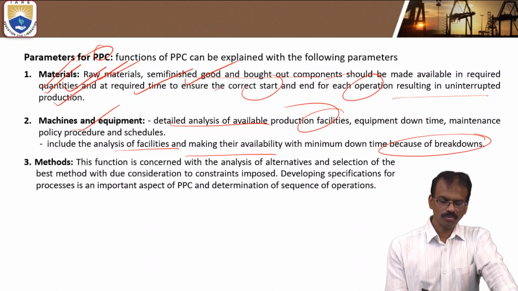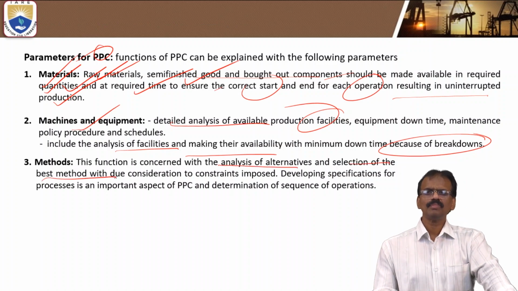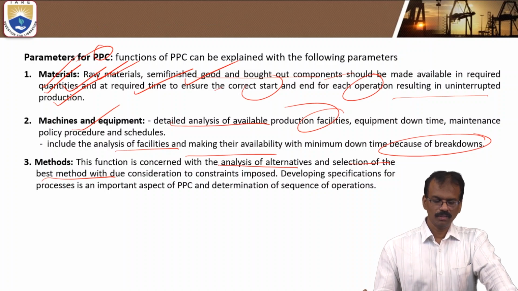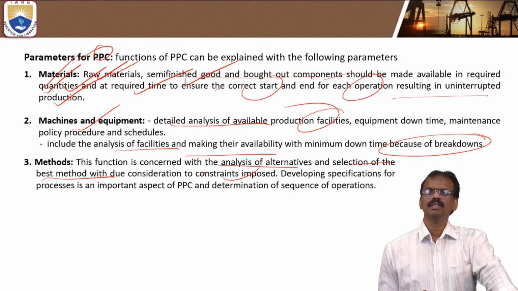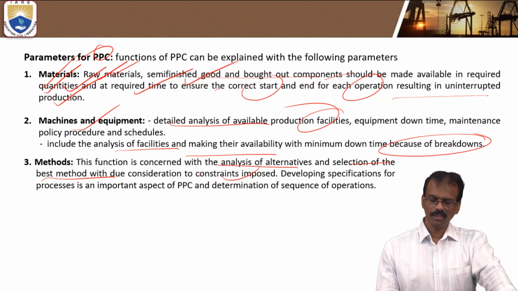This function is concerned with the analysis of alternatives and selection of the best method for producing the final products. So these considerations are very important. Identification of methods is very important.